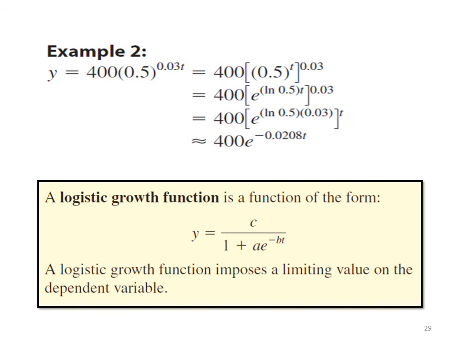As t approaches infinity, this part of the expression approaches 0, and the limit will be c. The value of y is always under the line y equals c. This is called the logistic growth function. It imposes a limiting value on the dependent variable.